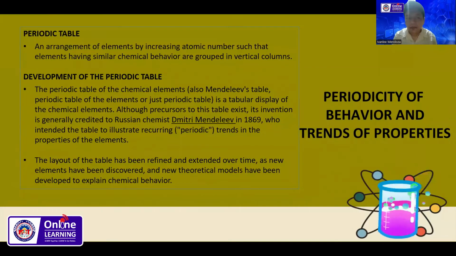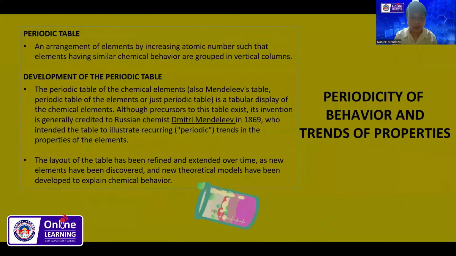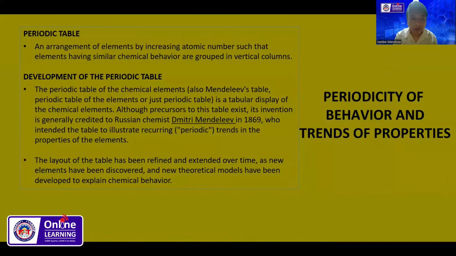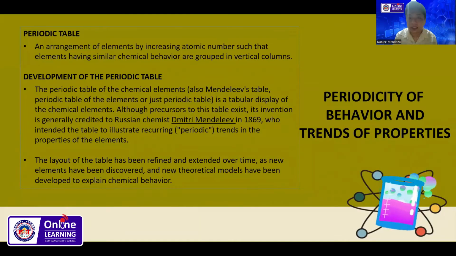Now, in the development of the periodic table, the periodic table of the chemical elements, also called Mendeleev's table, periodic table of the elements, or just periodic table, is a tabular display of the chemical elements.